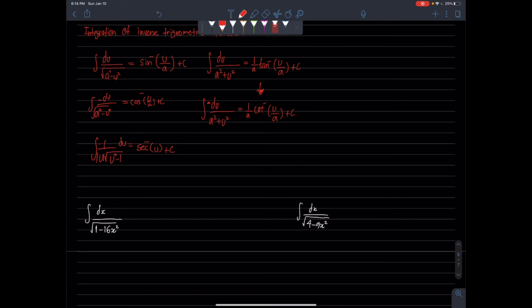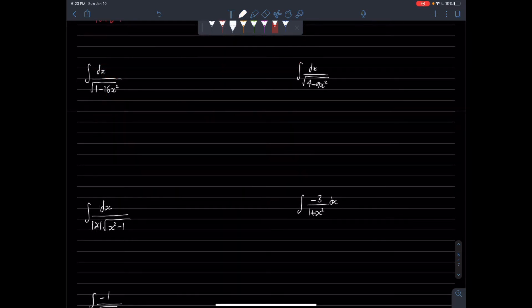If you get a negative of this, then it would be negative 1 over u root u squared minus 1 du, cosecant inverse. Okay, so now let's do some examples.